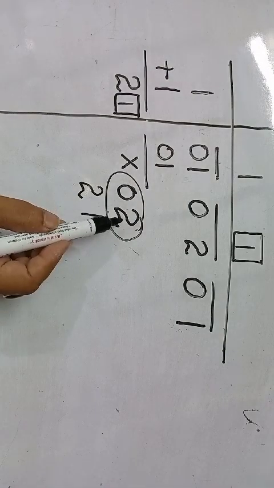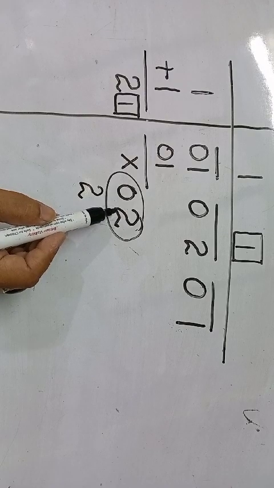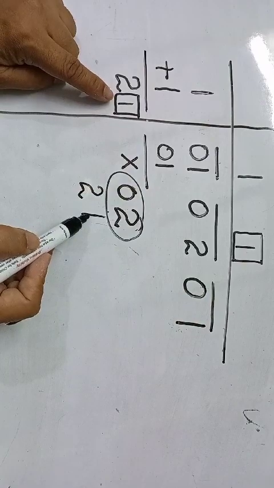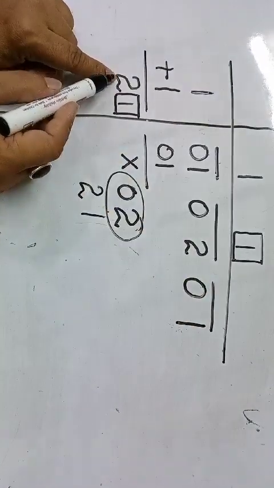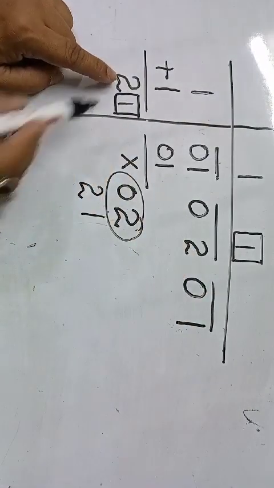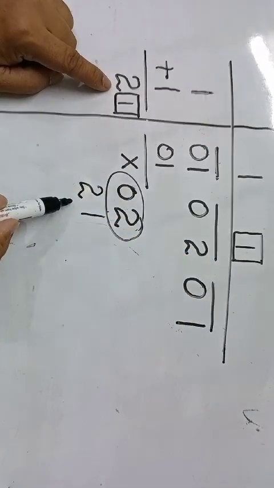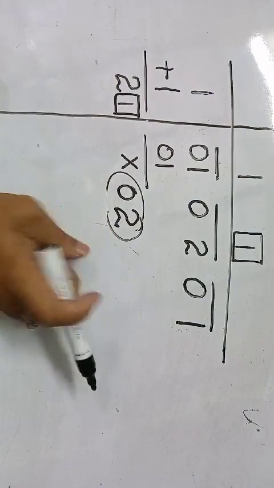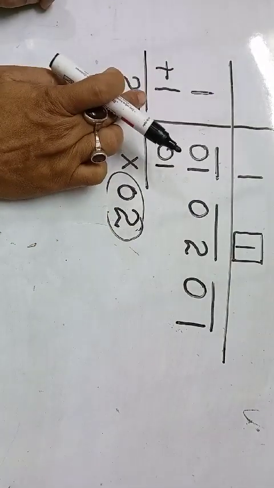But this number itself is so small, it's 2, that you cannot even have one number here. 1 into 1 gives you 1, and remember you have to multiply this 1 with this 2 also. So 21 into 1 is going to give you 21, which is becoming more than this.